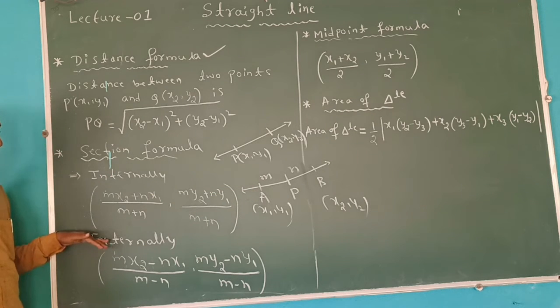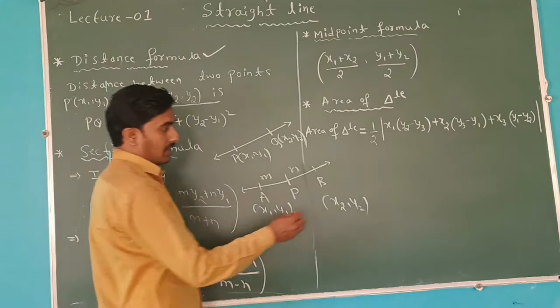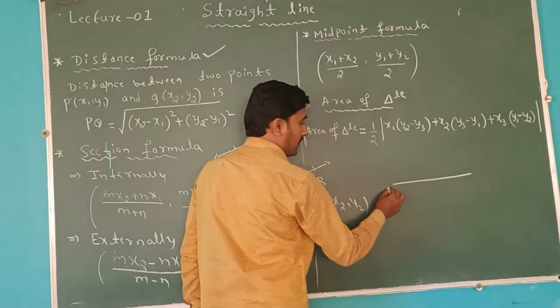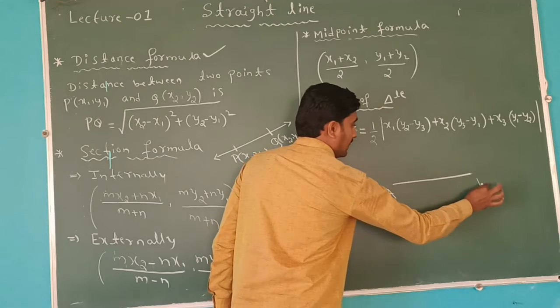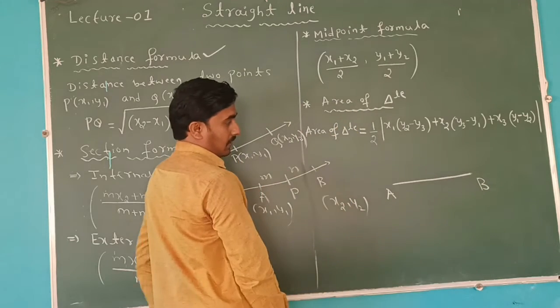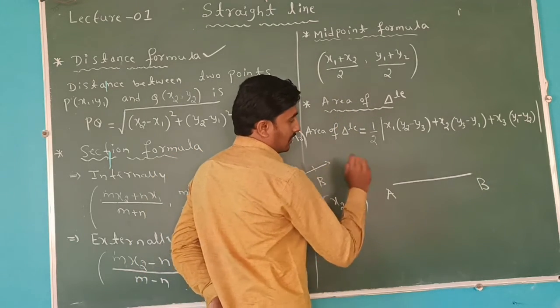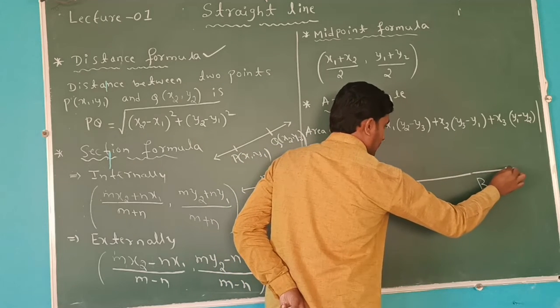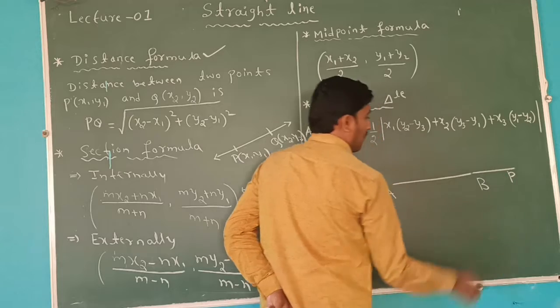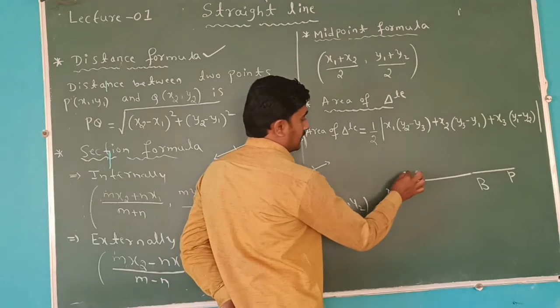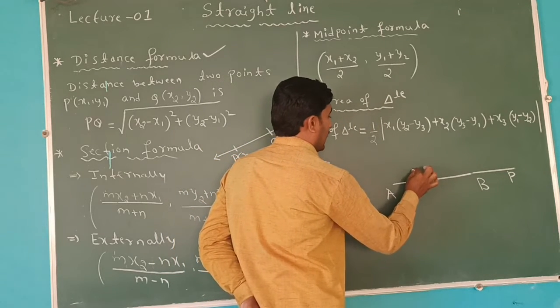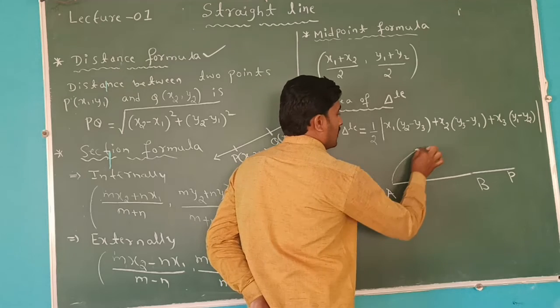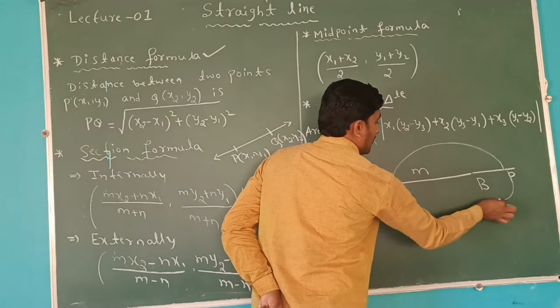If it is externally, see here. If I consider this is the line AB, suppose the point is outside this line. Suppose this is the point P dividing the line in the ratio m ratio n.